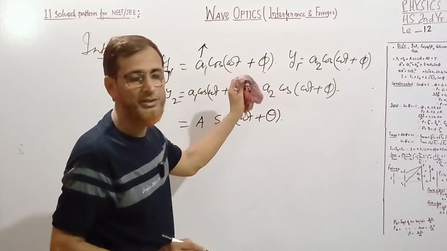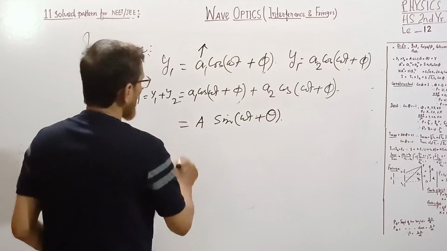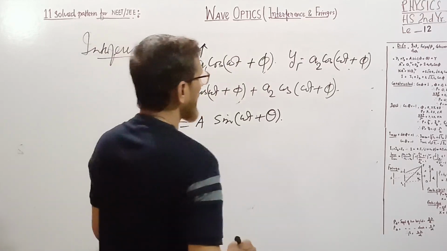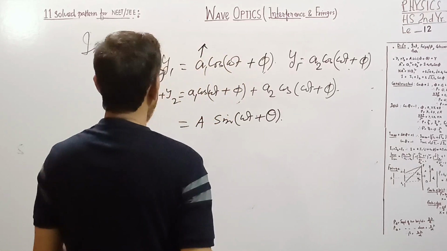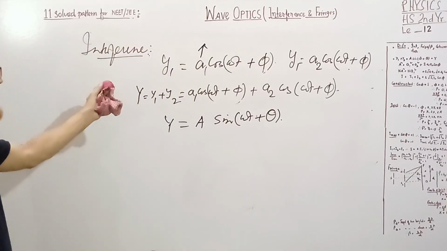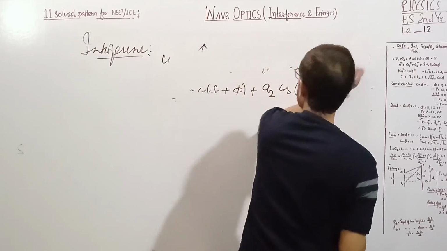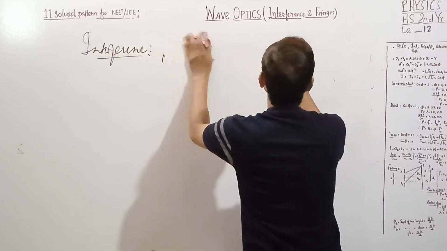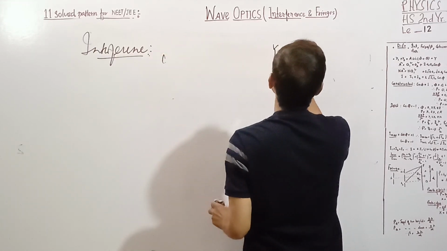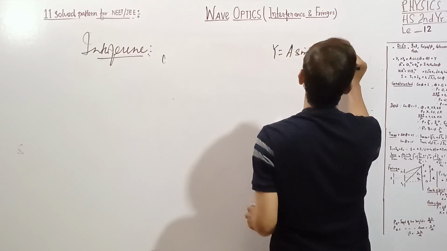The derivation is a bit lengthy, so I am not showing it at this point. So finally, from the two waves we get the final wave, very important, y is equal to a sine omega t plus.